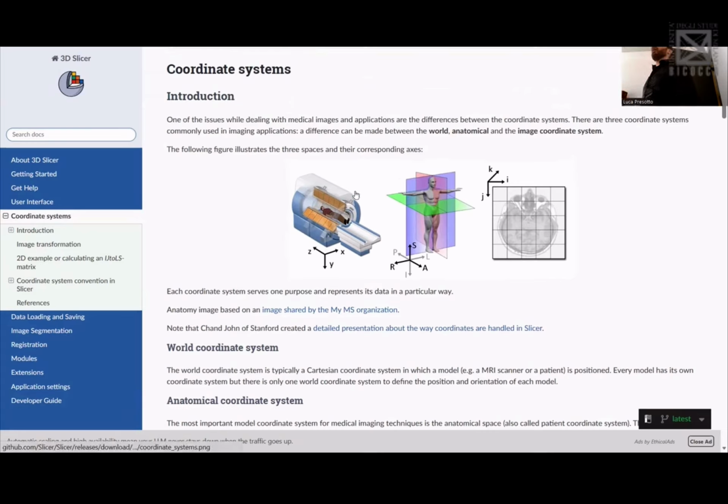Your images are acquired in this way, and you can get a pixel by pixel matching between some internal coordinates of the scanner, X, Y, and Z, which is where you get with a pixel. But what you actually are interested in is this system of reference, which has some standard medical definitions: superior, inferior direction, anterior, posterior, and left, right. While what you have is a matrix with I, J, and K dimensions.